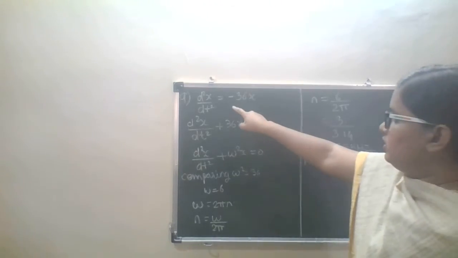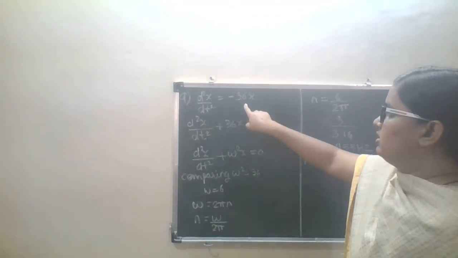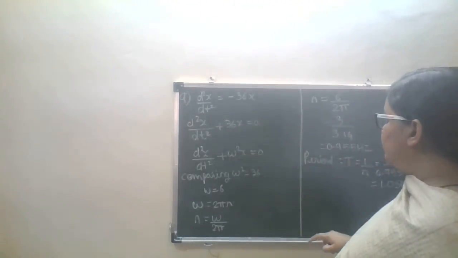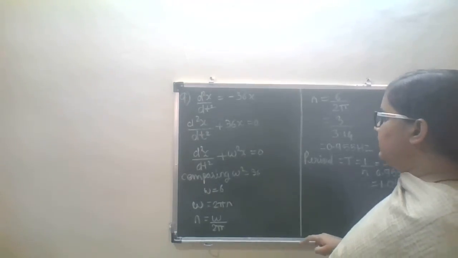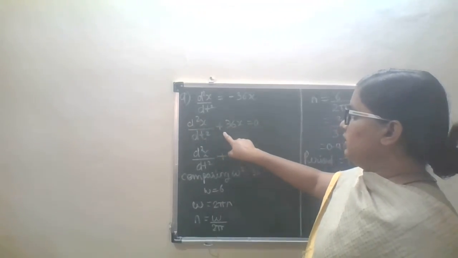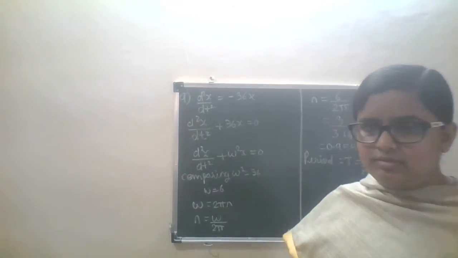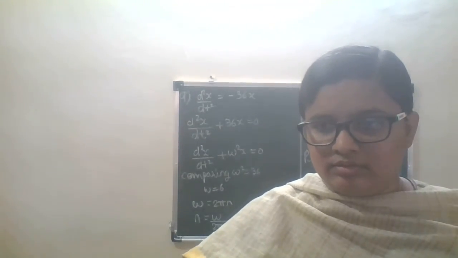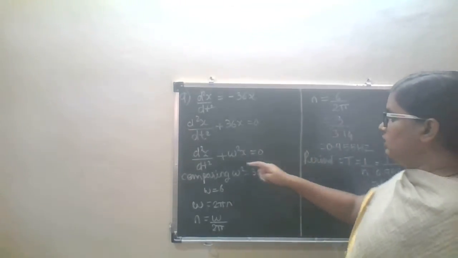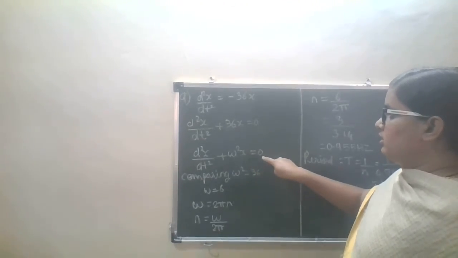So this was the given equation, d square x by dt square is equal to minus 36x, and we have to find the frequency and period both. Then d square x by dt square plus 36x, that is plus omega square x, is equal to 0.